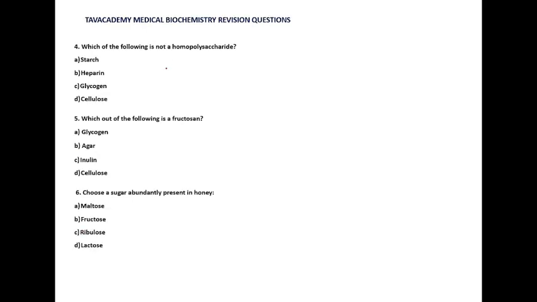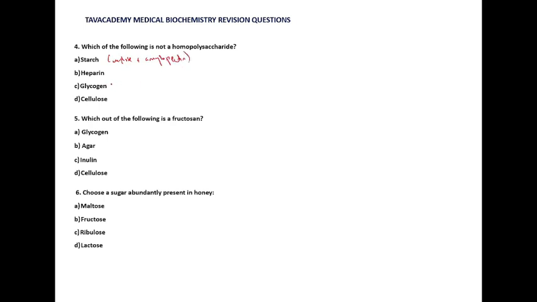Question 4. Which of the following is not a homopolysaccharide? So which of them is not a homopolysaccharide? Starch is a homopolysaccharide of glucose made up of amylose and amylopectin.